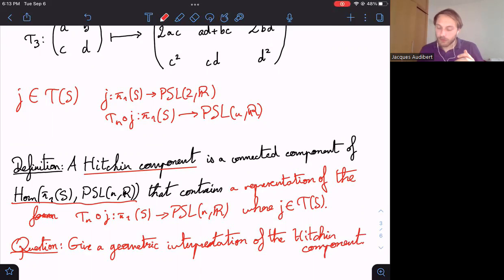Like I said, for Teichmüller space, it was hyperbolic structures. So for the Hitchin component, what can those be?